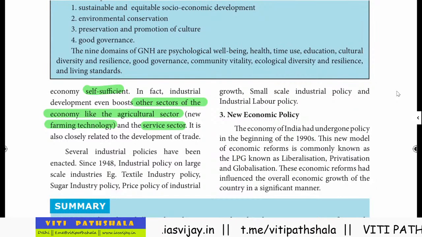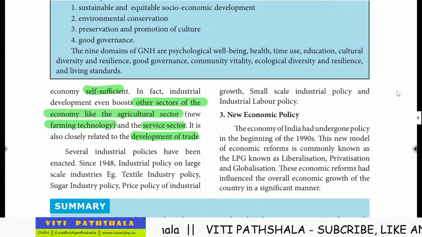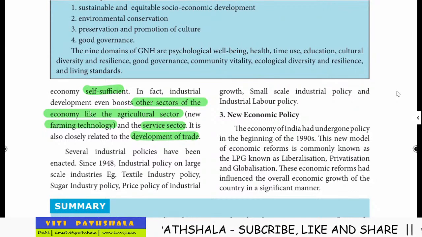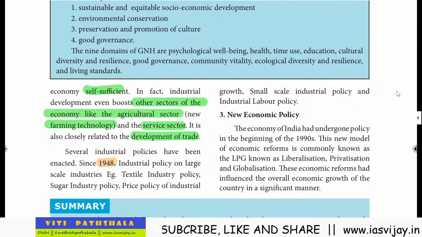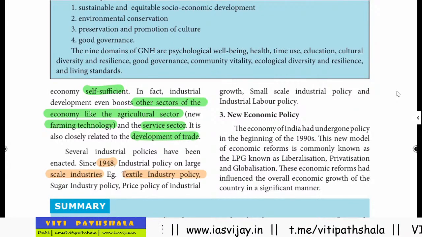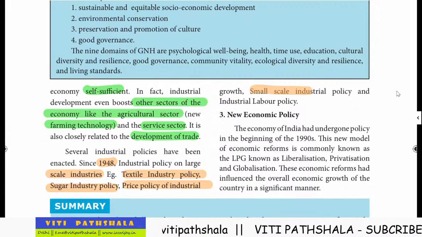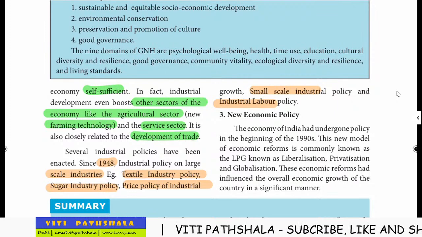It is also closely related to the development of trade. Several industrial policies have been enacted since 1948: industrial policy on large-scale industries, for example the textile industry, sugar industry, price policy, industry growth, small scale industry policy, and the industrial labor policy.